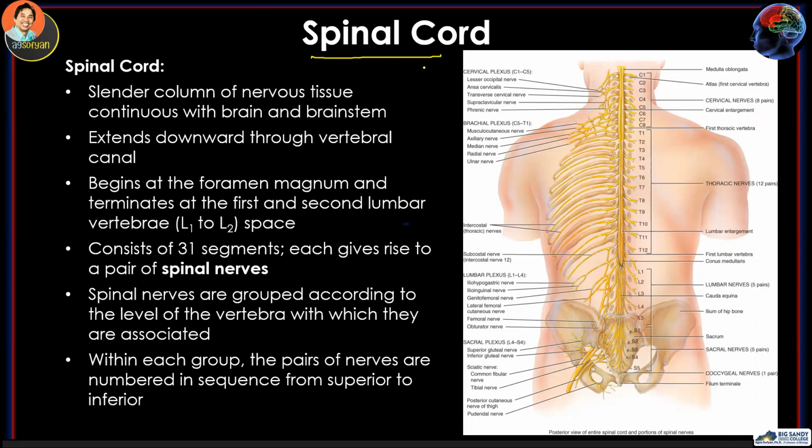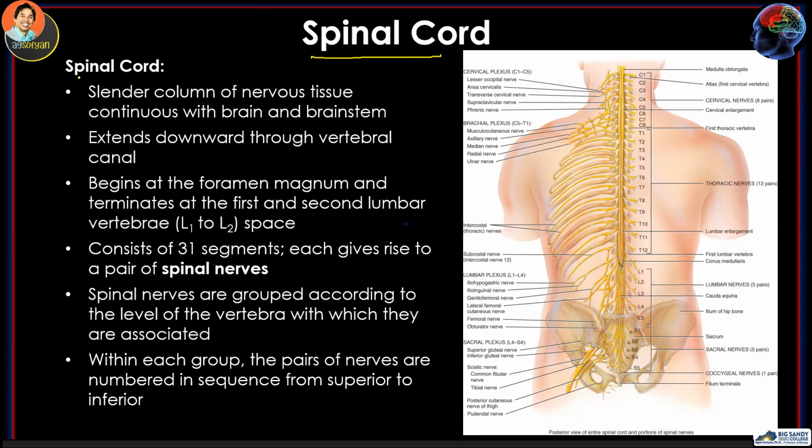Just for your information, the brain and spinal cord are actually one organ, and they are protected by the same membrane. It's called the meninges, which has three layers: dura mater, arachnoid layer, and pia mater. So they are one organ protected by the same membrane called the meninges.